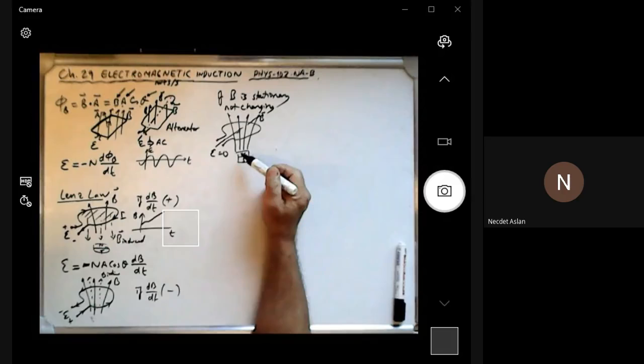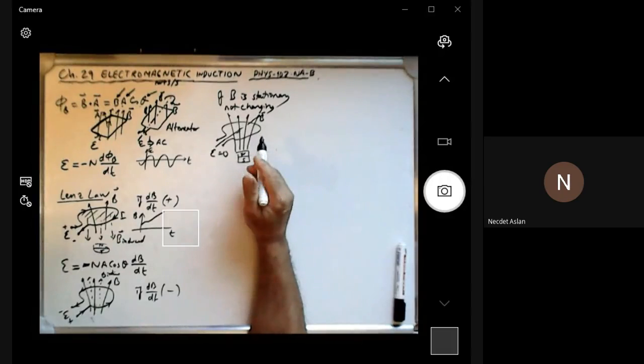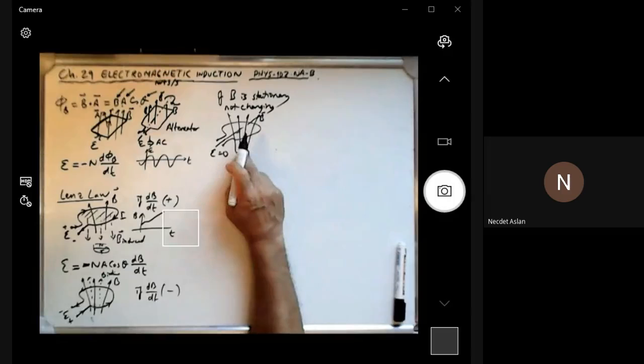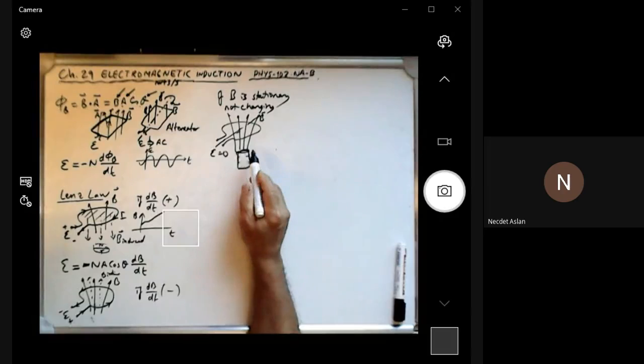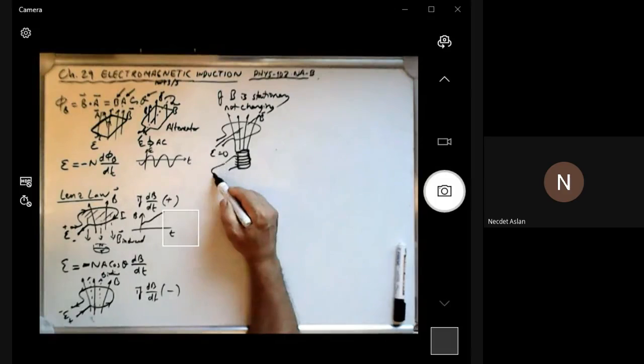So also you can do this. You can switch on and off this magnetic field if it is created from a coil, for instance, or just a solenoid, or let's say an electromagnet. So you can do these windings, and then connect it to a battery like this, and then put a switch there.